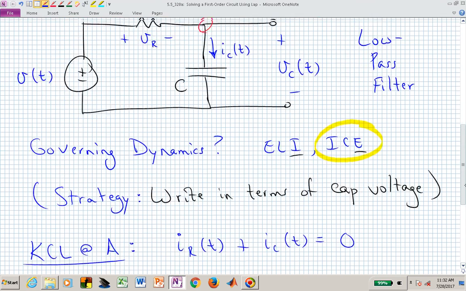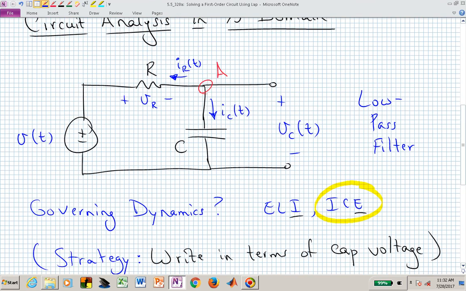And I sub R of t, just using Ohm's law, we have the voltage dropped across that resistor. We don't really need to worry about how I've labeled V sub R. If we want I sub R moving to the left to be positive, then we would consider node A to be at the more positive polarity, even though it's not.